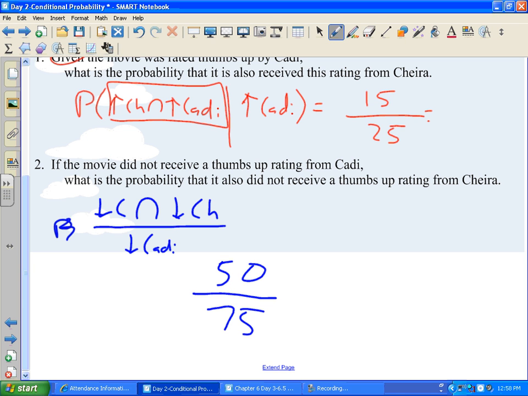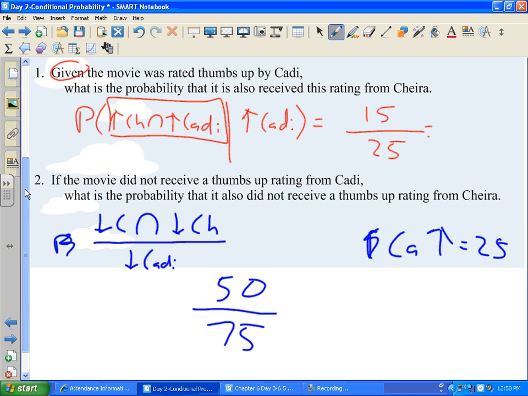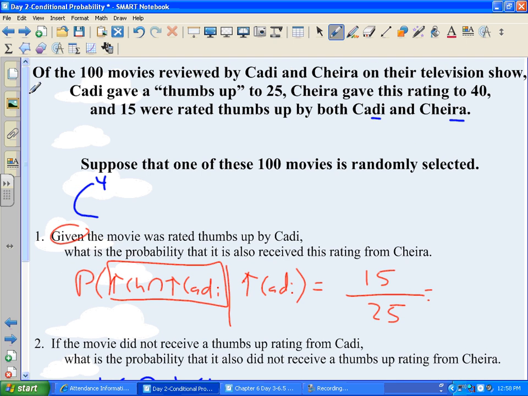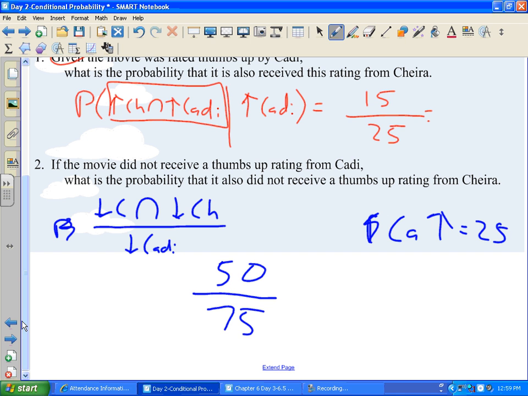The 75 is not thumbs up from Katie. It's the complement of Katie thumbs up, which was 25. No, because you're adding the one that they did together. Does that match now? Are you okay?